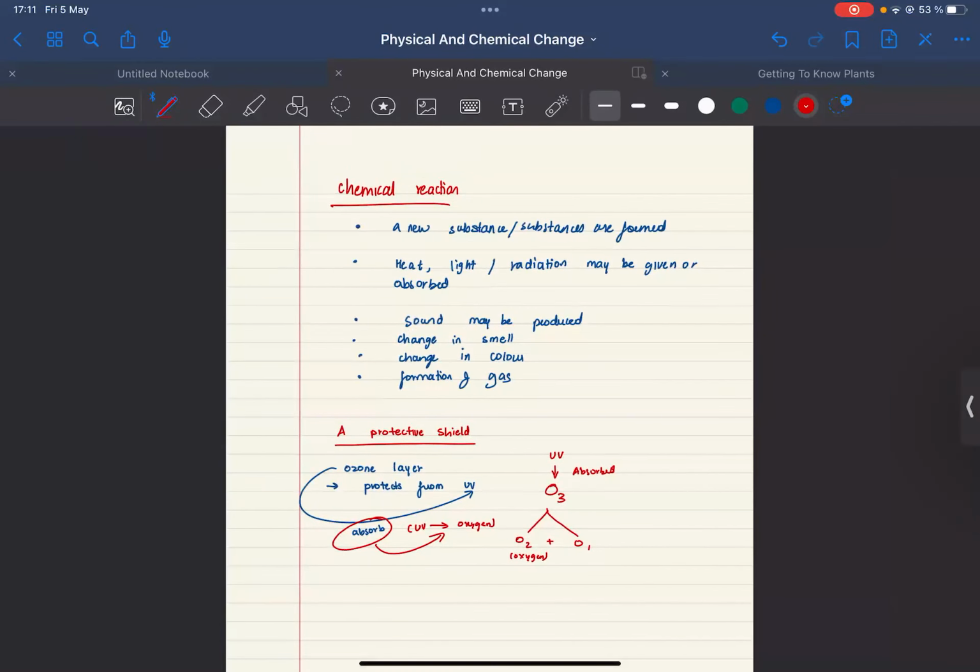Ma'am, what is O1? O1 is just another oxygen with one atom. That's it.